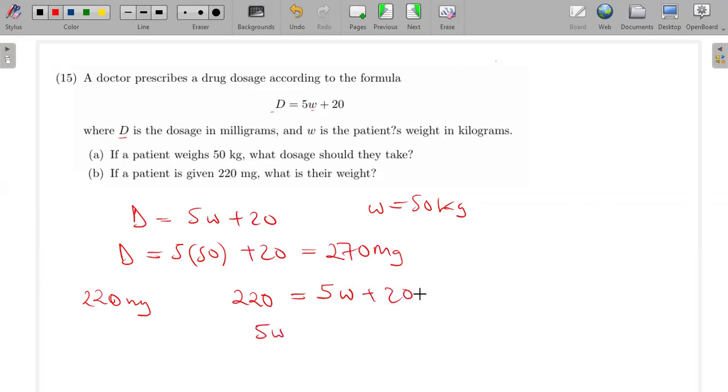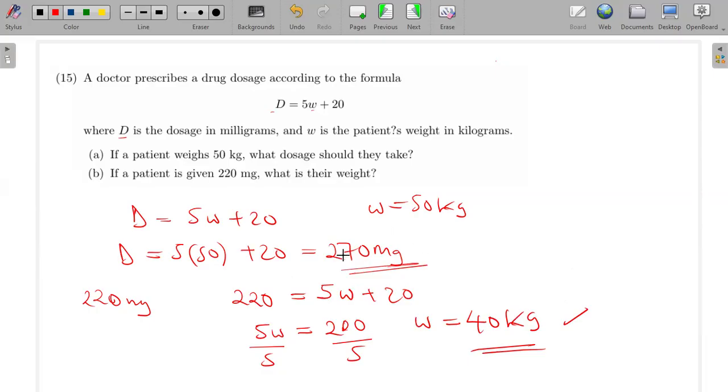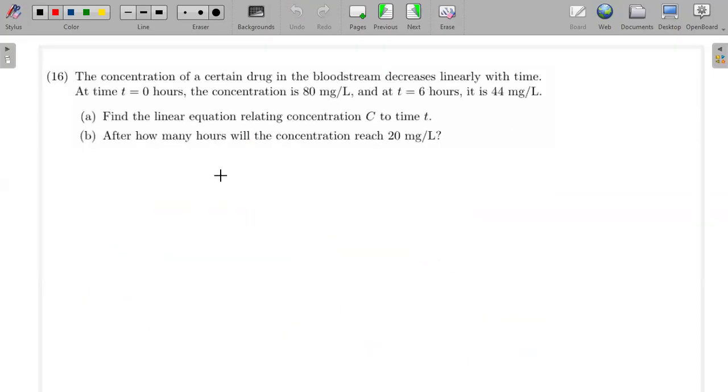I take the 20 to the other side, it becomes negative, and I remain with 200. I divide by 5, and my W becomes 40 kilograms. So the patient weighs 40 kilograms. That's for B. And for part A, we found that the dosage that person needs to take is 270 milligrams.